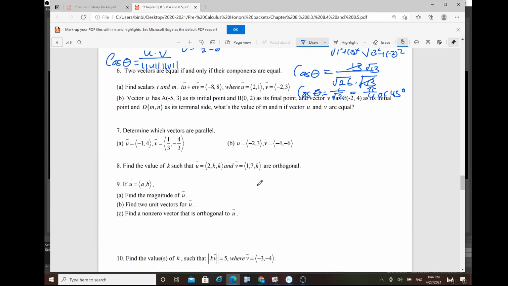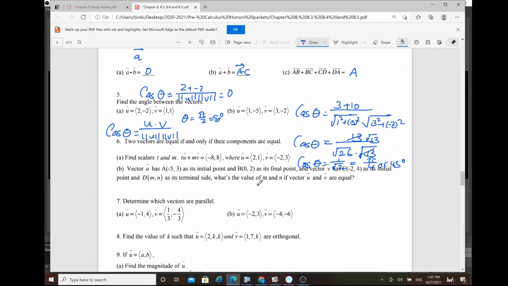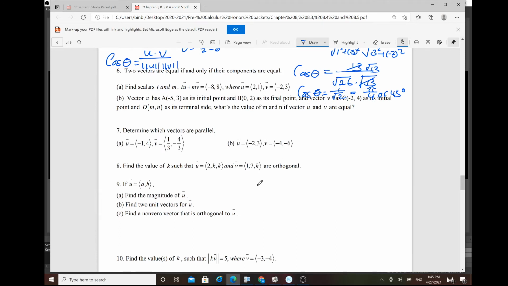And then number 7, you want to show that the vectors are parallel. If two vectors are parallel, what happens with the angle? Two vectors are parallel, so that means the angle has to be 0 or 180. Again, you want to do the dot product.